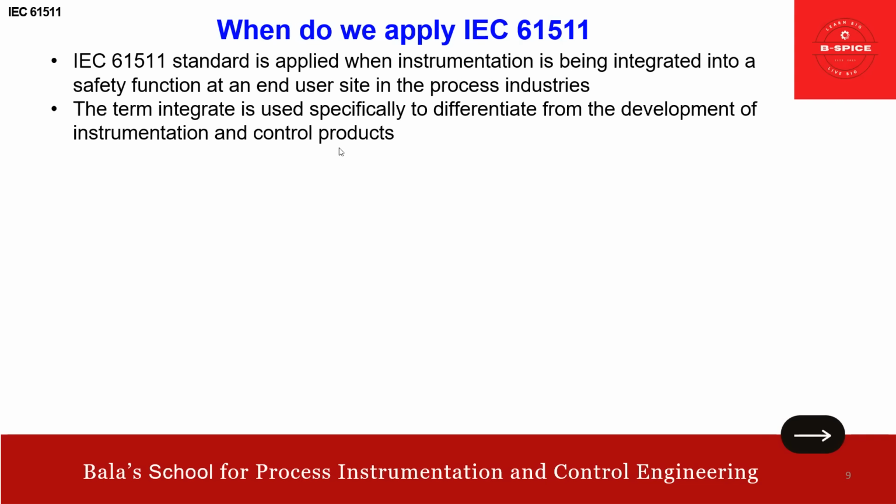The term integrate is used specifically to differentiate from the development of instrumentation and control products. The development of instrumentation and control products deals with IEC 61508, that is, the manufacturer, the system guys. But here 61511 is integrated into a safety function at the end user implementation part. I hope this is clear.